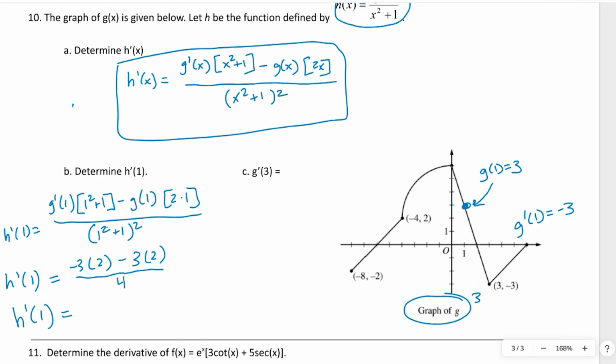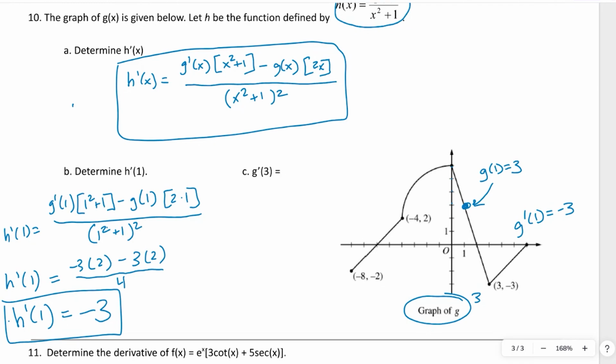So we've got negative 6 minus 6, that's negative 12, divided by 4 is negative 3. So the value of the derivative of h at 1 is negative 3.